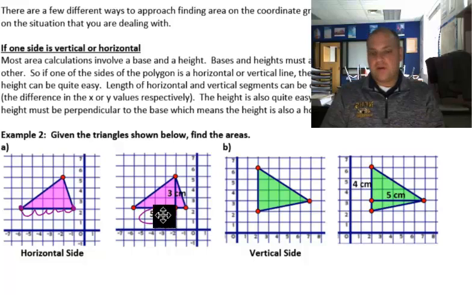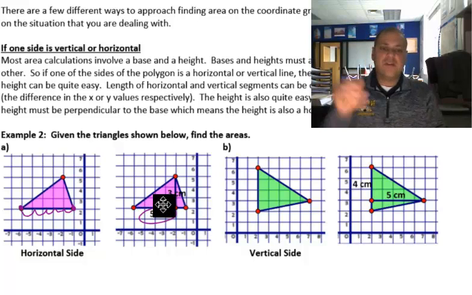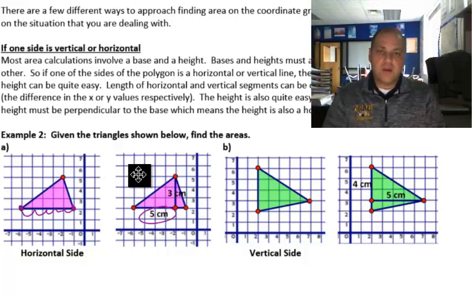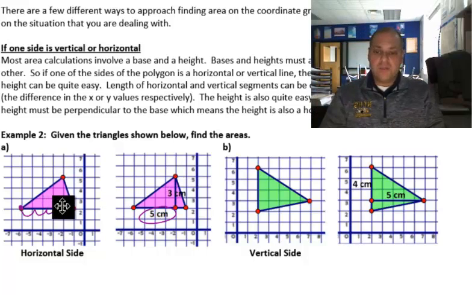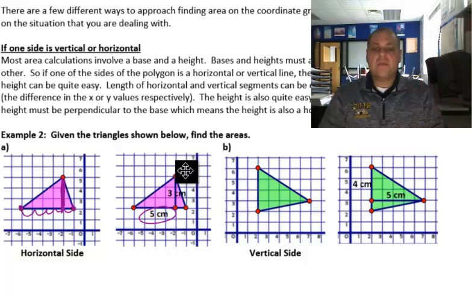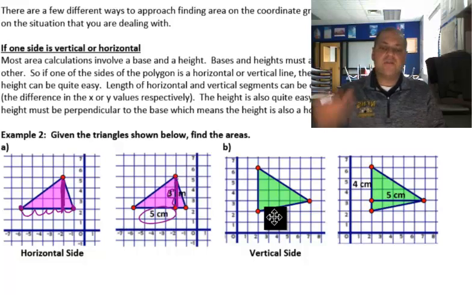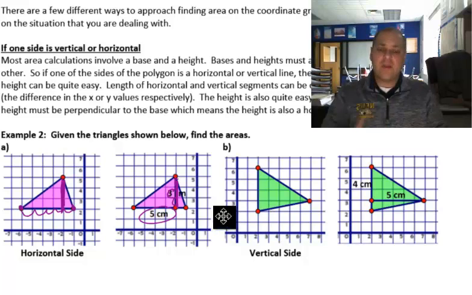So 5, they're calling it centimeters, or whatever each block is, but it's 5 units across. And then you need the height. The height is from the base straight up, so it'll be right here. Count up: 1, 2, 3. So the base is 5 and the height is 3, and you can count it that way.